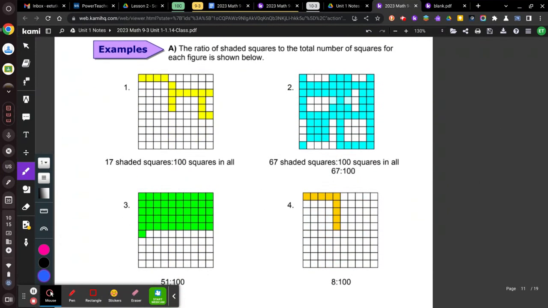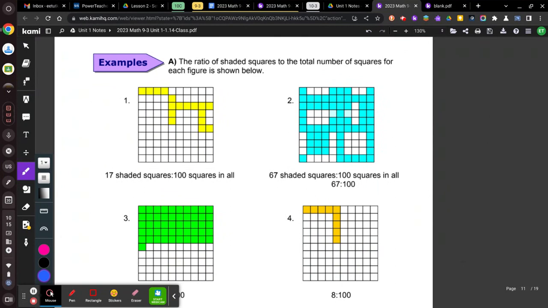Let's turn the page and take a look. I'm going to show you how to write the ratios for these. So we're going to count the squares. Here I've got 4, 5, 6, 7, 8, 9, 10, 11, 12, 13, 14, 15, 16, 17. So I've got 17 shaded squares out of 100.